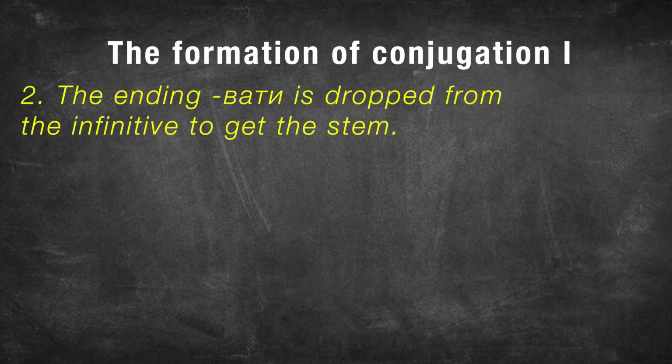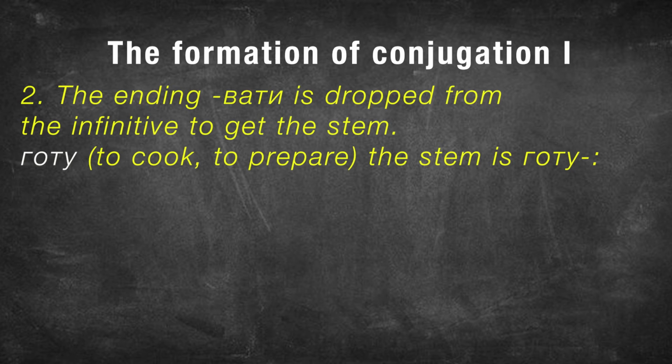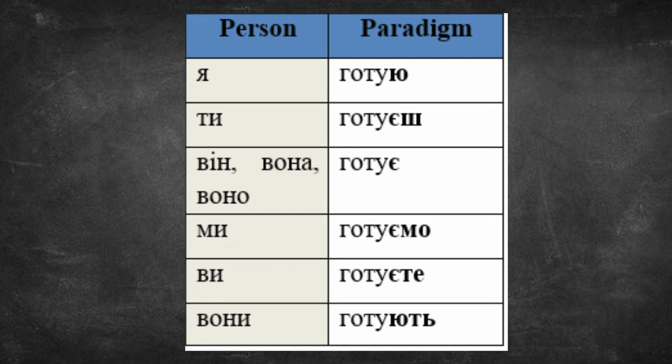For example, in the word готувати, to cook, the stem is готу, and the ending is вати, and we drop this ending and replace it with other endings. Let's take a look. The basic form готувати. Я готую, ти готуєш, ending єш.